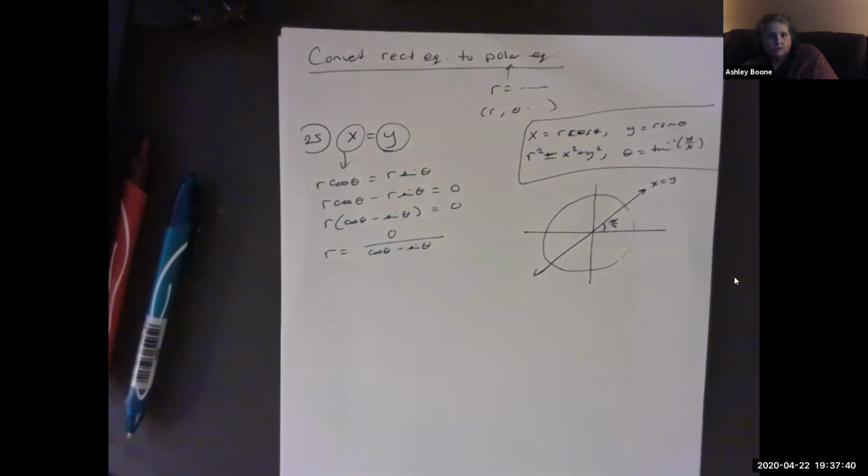It's going to happen at an angle of pi over 4. Notice on pi over 4, both your x and y values are the same. So the cosine of the angle and the sine of the angle are the same.